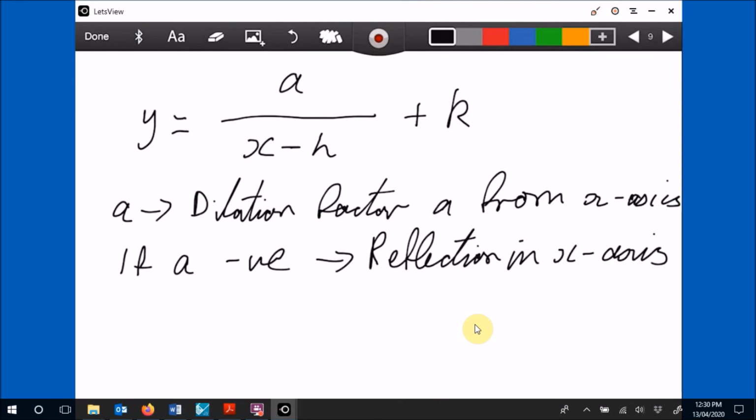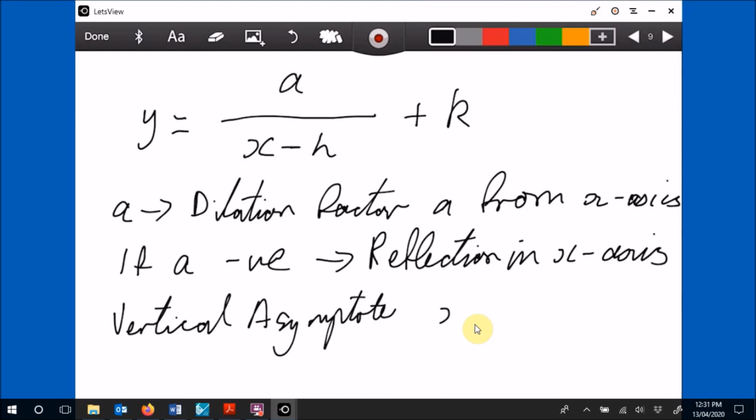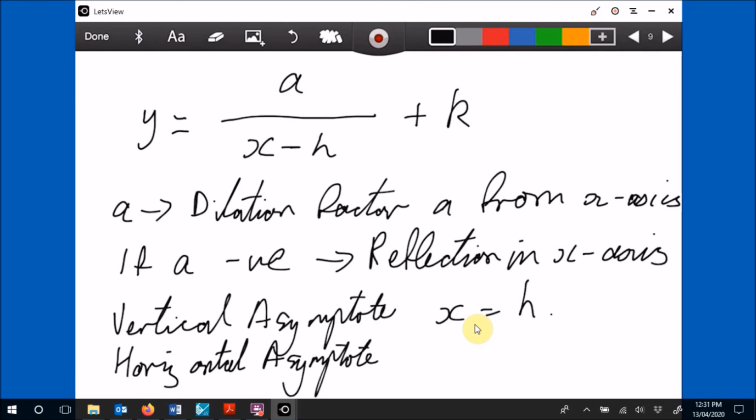and we've got our h and our k, and so we've got a vertical asymptote at x equals h, and we've got a horizontal asymptote at y equals k.